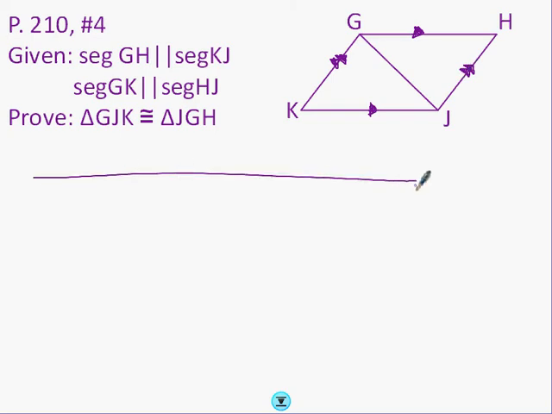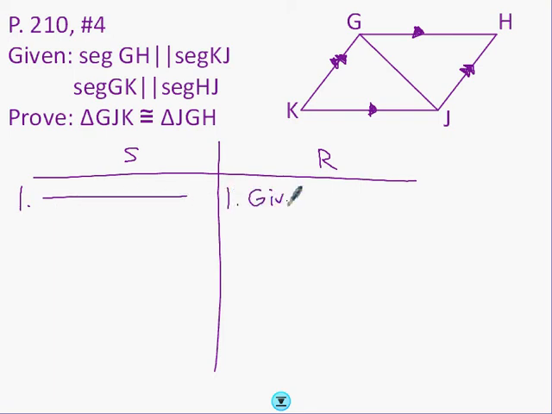So we like two-column proofs, statements on the left side, reasons on the right. The first statement is always the information that's given. Rather than rewrite this information, I'm simply going to draw a line and state my reason for knowing this. I know this is true because that information is given to me. To prove these triangles are congruent, I'm going to need to show sides are congruent and angles are congruent.